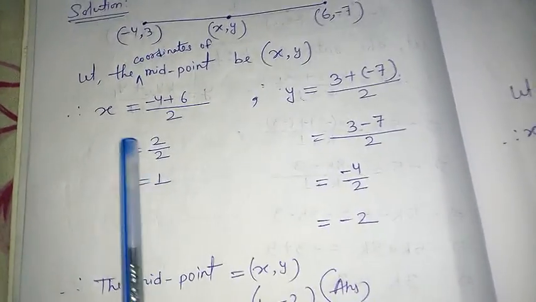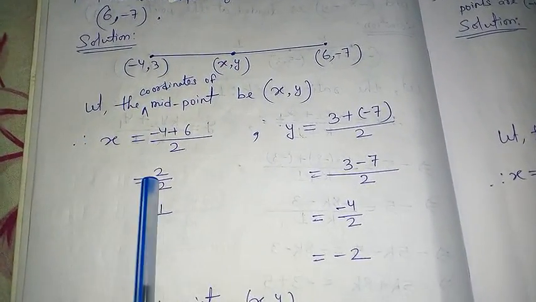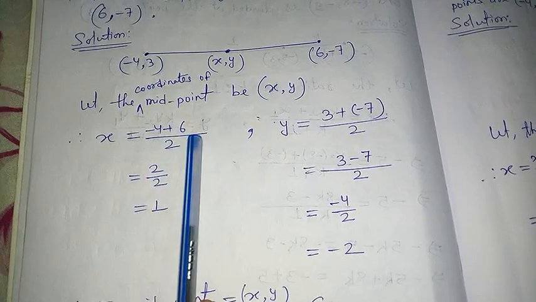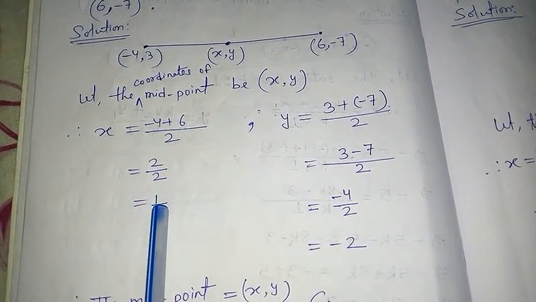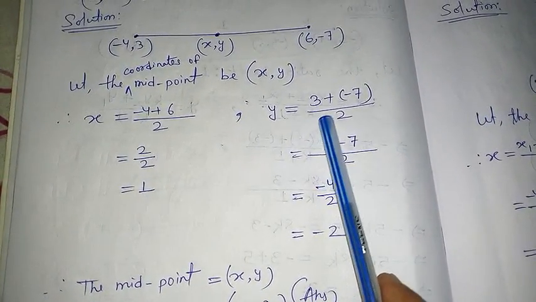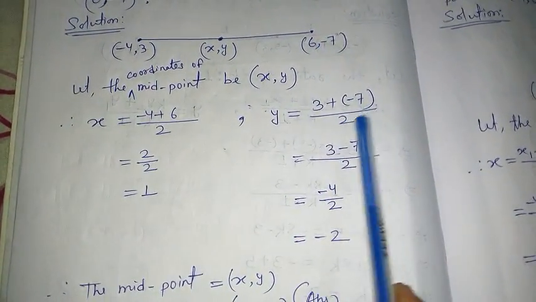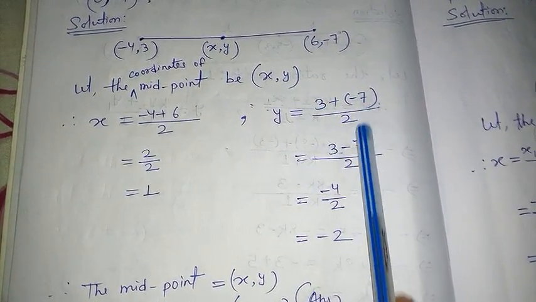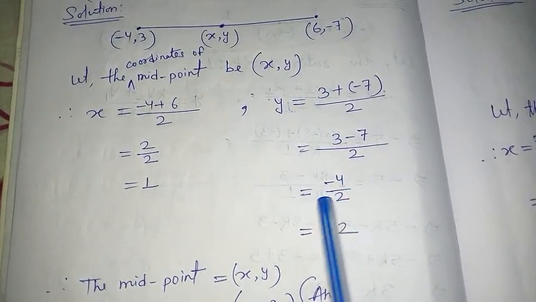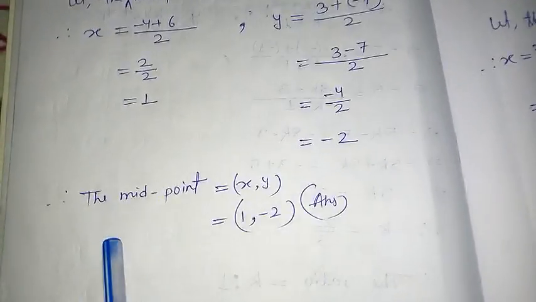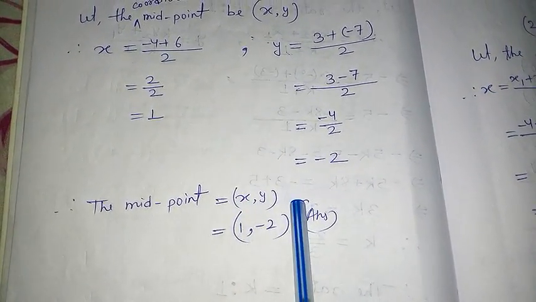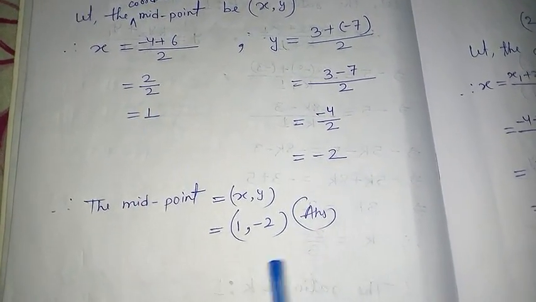This is my formula, as I am finding the value of x only. So -4 plus 6 equal to 2, by 2, that is 1. Now y equal to (3 plus -7) by 2. Plus into minus, 3 minus 7 by 2 is -4 by 2, that is -2. So the midpoint coordinate will be (x, y), and its value is (1, -2).